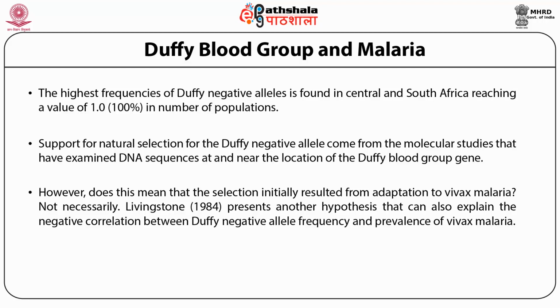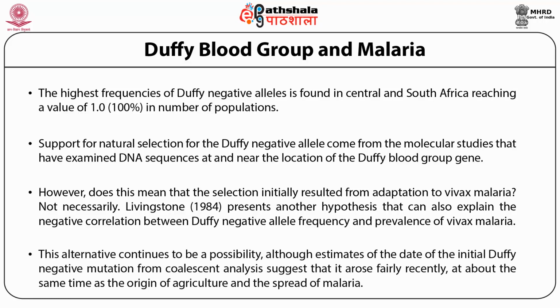He suggests that there was already a high frequency of the Duffy negative allele in some populations because of some other diseases. Consequently, these populations were already resistant to vivax malaria when it spread into Africa. But because almost everyone was immune, the disease never took hold.